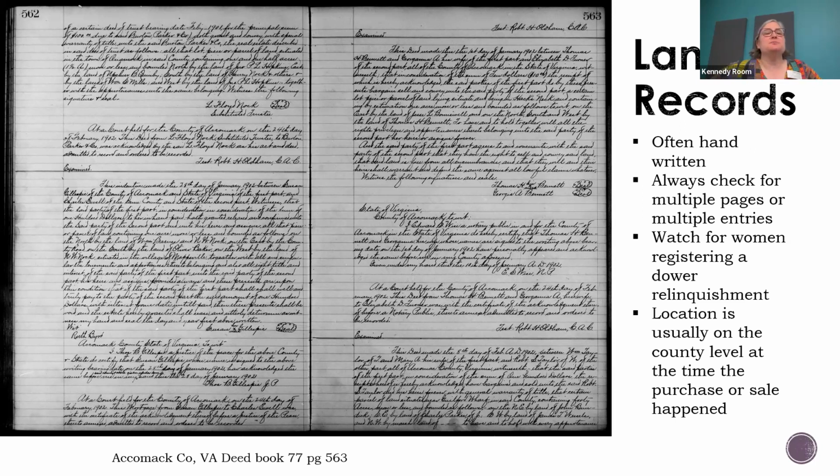One of the other things you may find in deed books, personal property exchanges pre-emancipation, including the enslaved, may appear in these deed books.